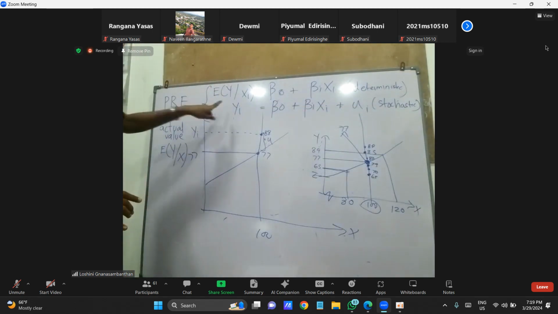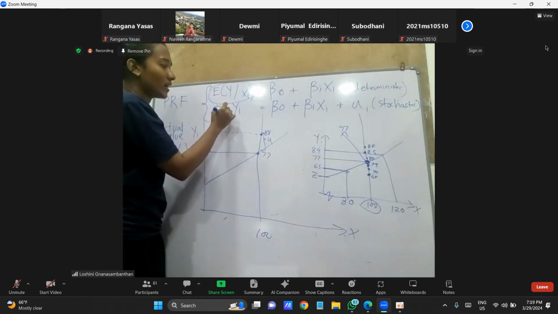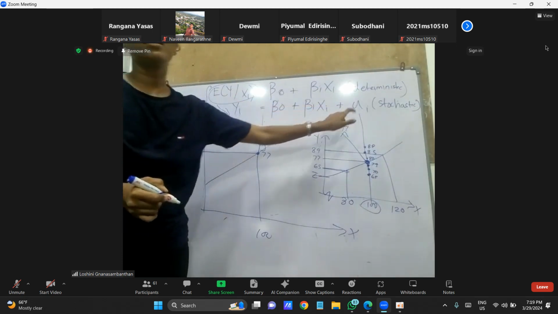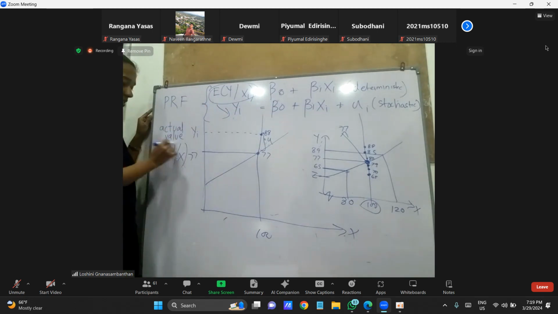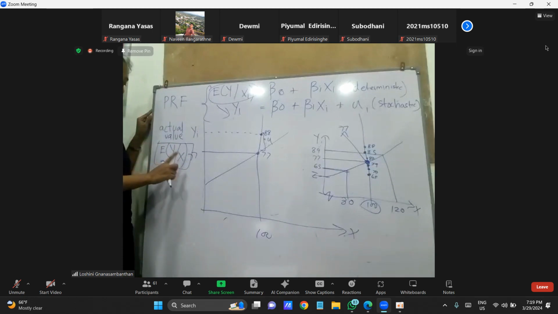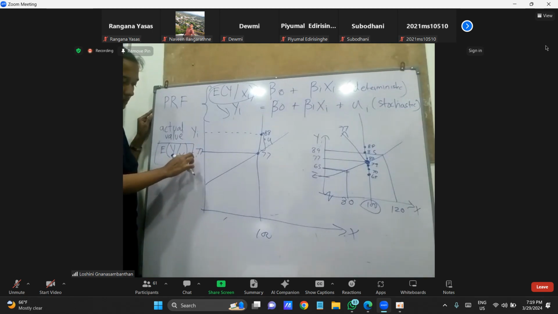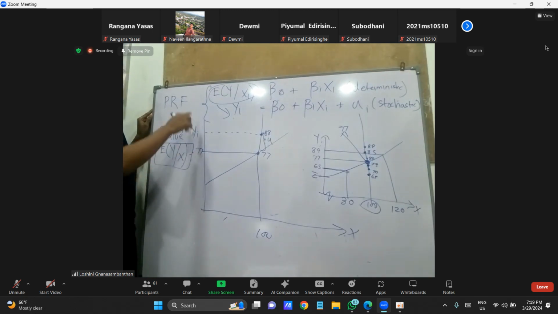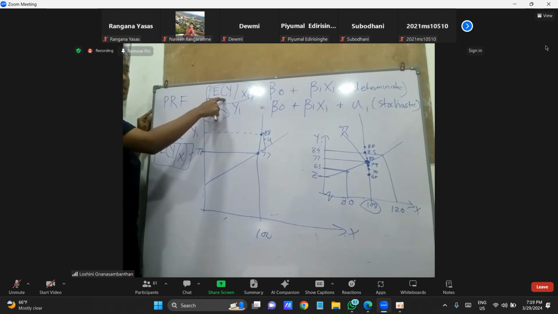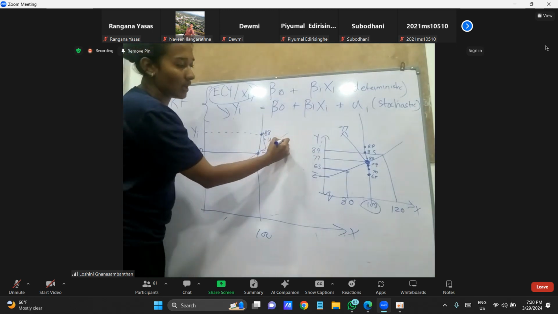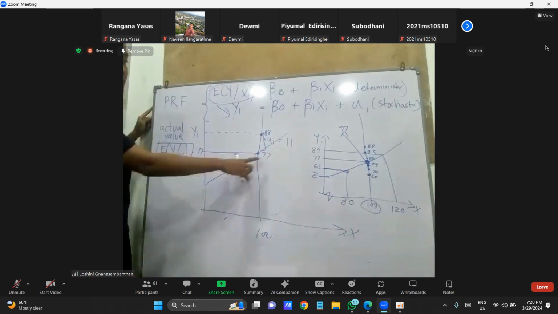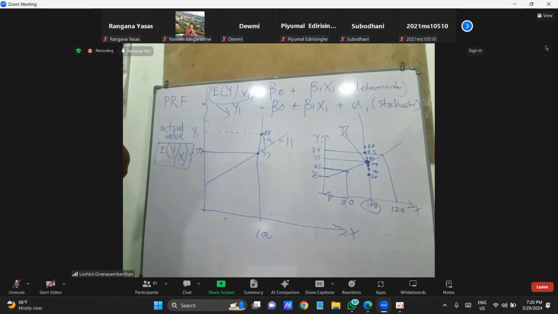Now why has this particular term changed to y after you add this error term? Can you see this value? This is represented by 77 in the deterministic version. But if you add the u i, in this case the difference between 77 and 88 is 11.